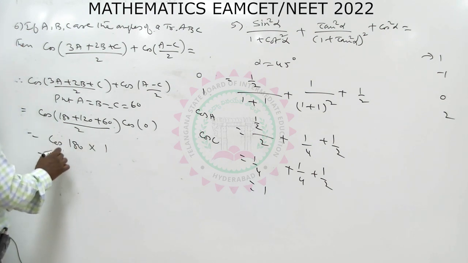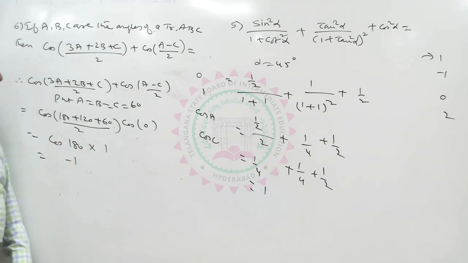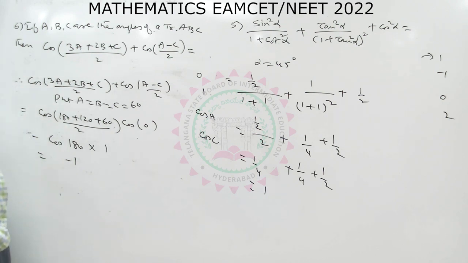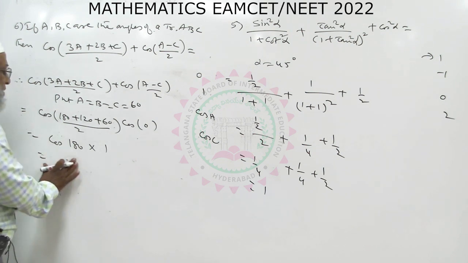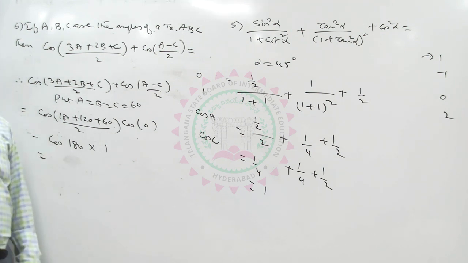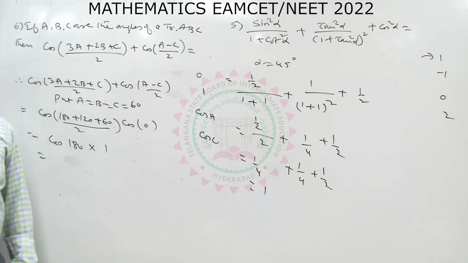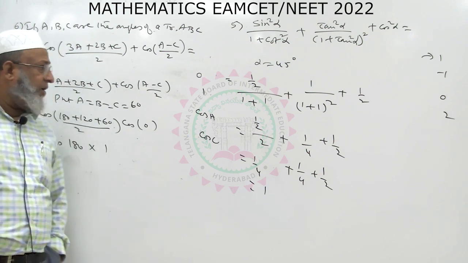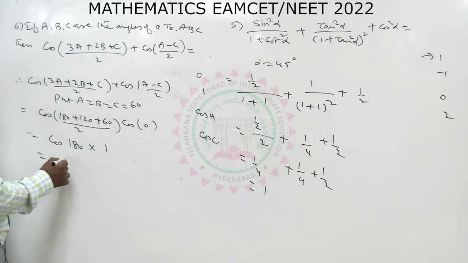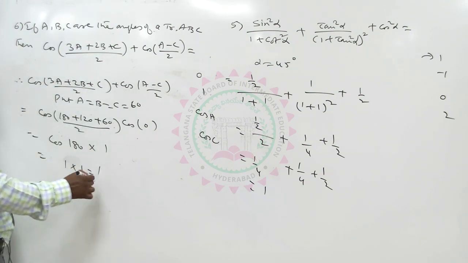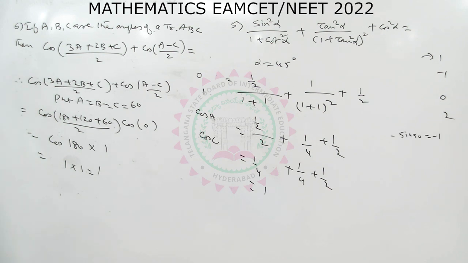Now cos 180 is cos of 90 plus 90, which becomes minus sin 90, that is minus 1.